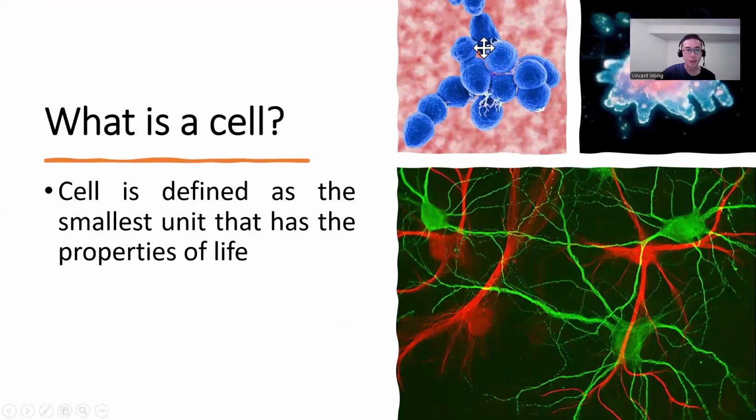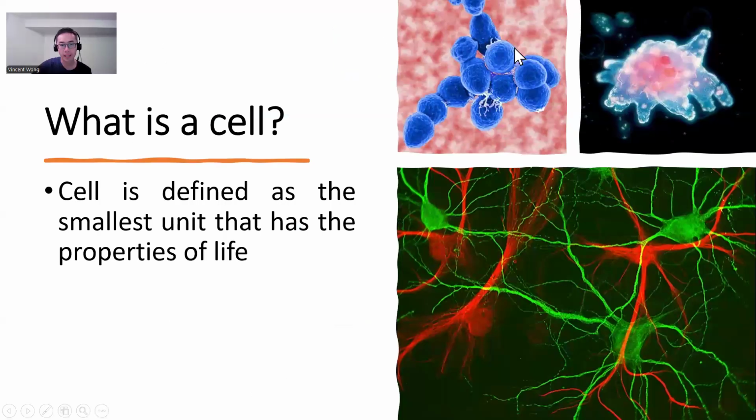So in this slide, we have 3 different cell types here, and they all look kind of different. Some cells are spherical and they like to connect with each other. And these are actually bacterial cells. We call them Streptococcus in this particular case.